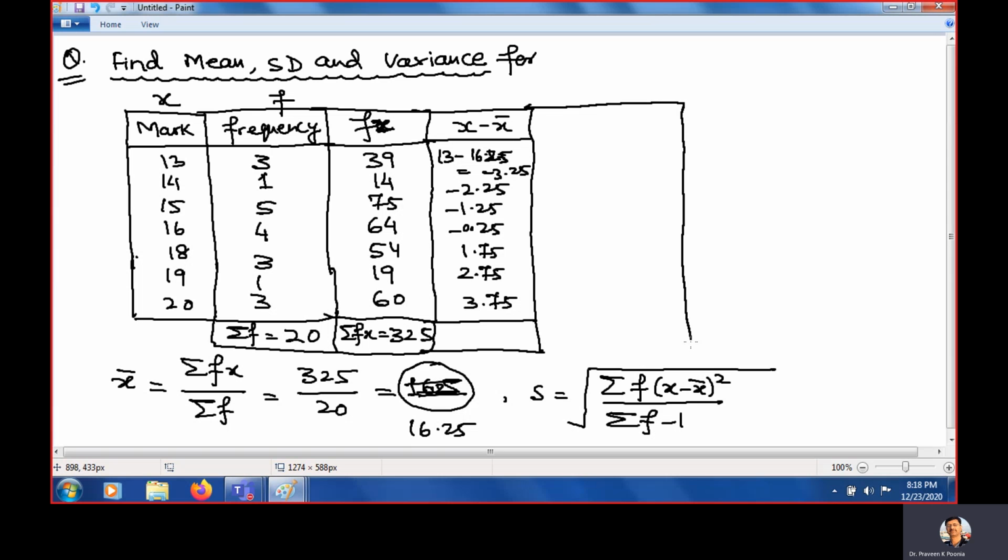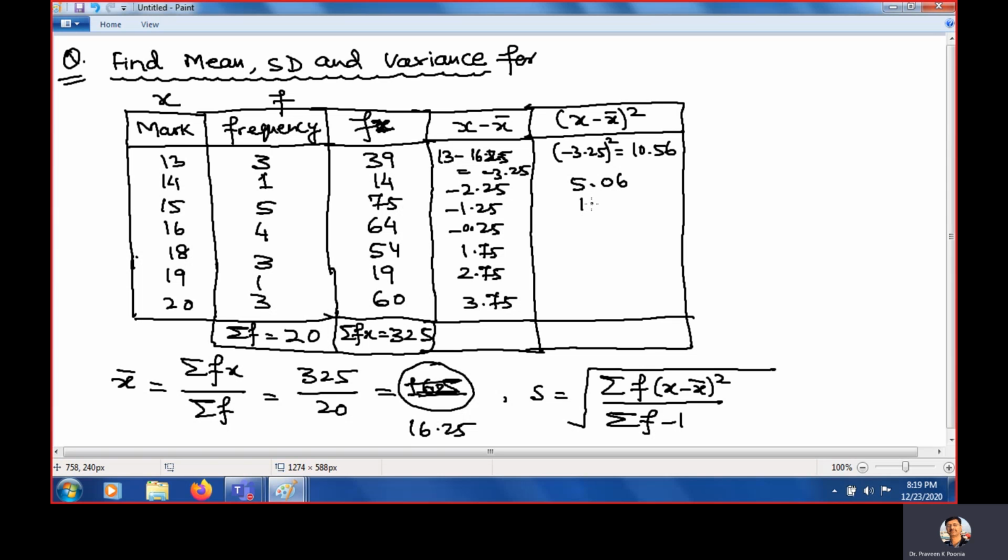Now the next column is power 2. How are we going to do it? It is x minus x bar power 2. So it is minus 3.25 power 2. If you use a calculator, it will be 10.56. Then minus 2.25 power 2, 5.06.